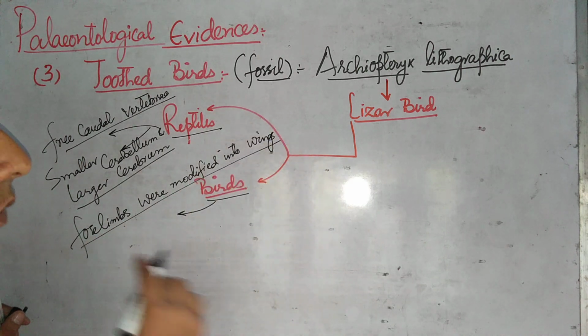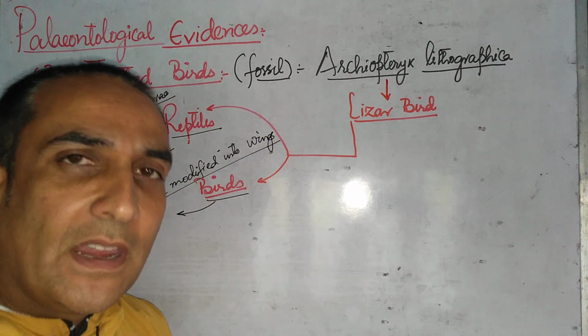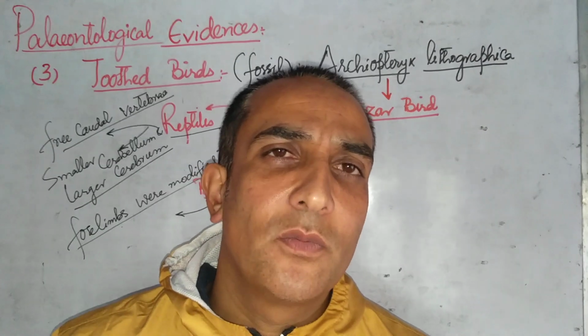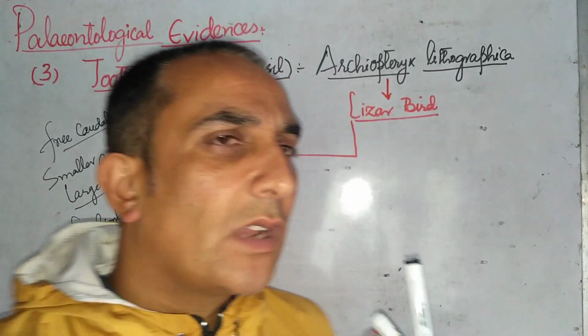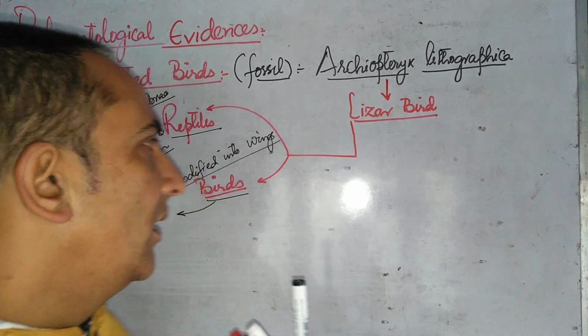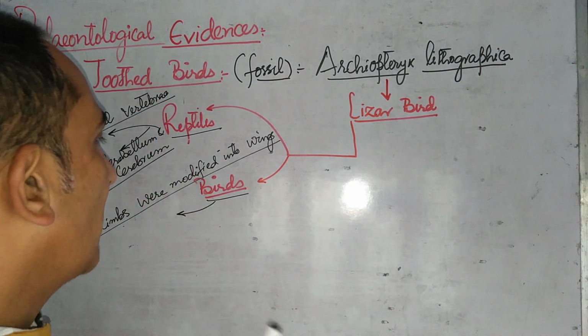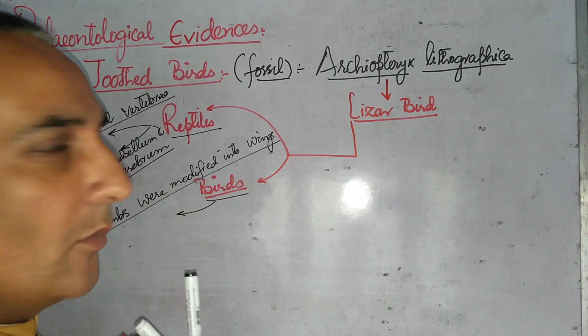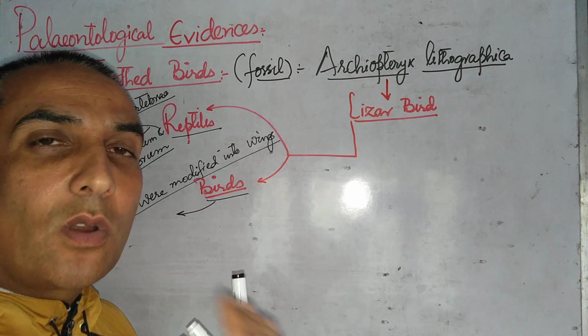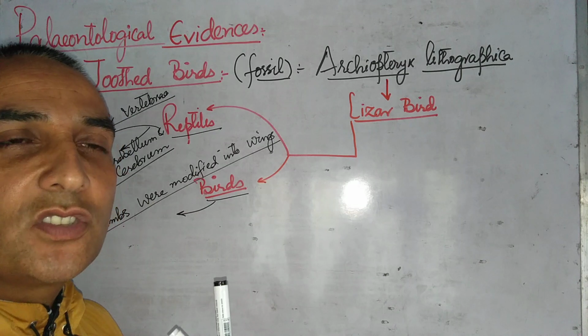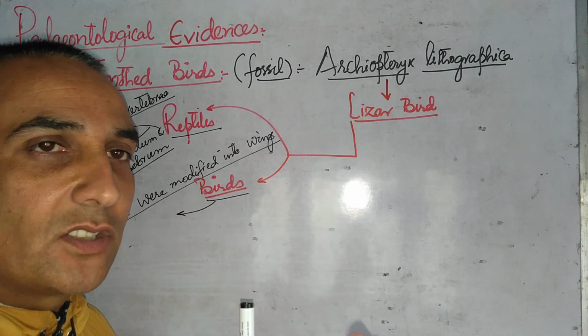In aves, you see the forelimbs are modified into the wings, and the same was the case with this fossil bird, Archaeopteryx lithographica. There were many other characters of the birds in this very animal. So on one hand, Archaeopteryx lithographica shows some characters of birds, and on the other hand, it shows some characters of reptiles.